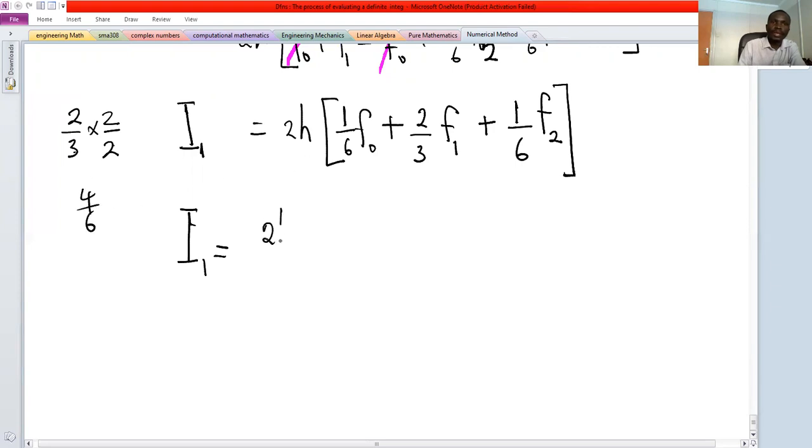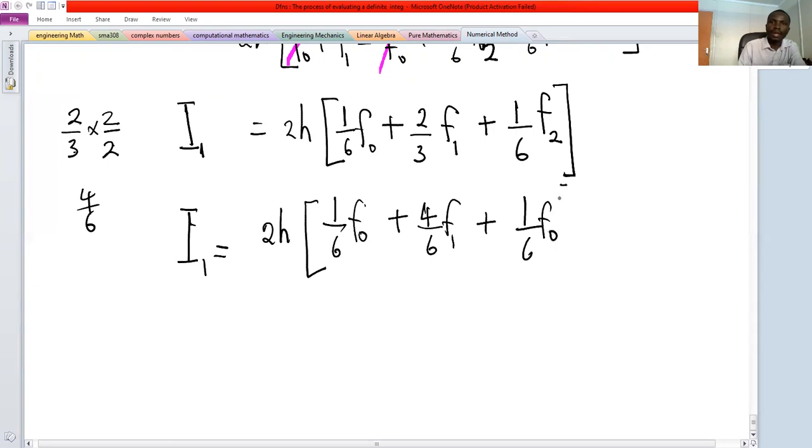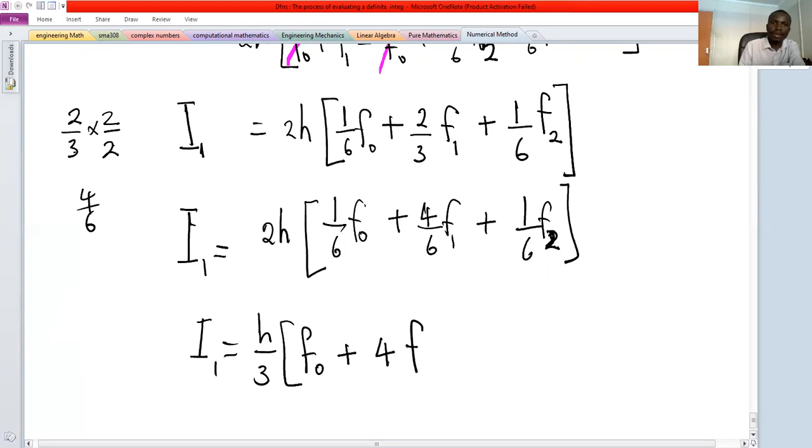So this can be written as 2h into 1 over 6 f naught plus 2 over 3, the same as 4 over 6 f1, plus 1 over 6 f2. So then I factor out 1 over 6, so I'll have I1 is 1 over 6 times 2, which is now a third, into f naught plus 4 f1 plus f2. So that is I1.